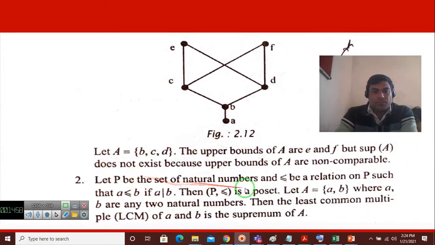Let P be the set of natural numbers with the relation that a divides b, a partial order set.